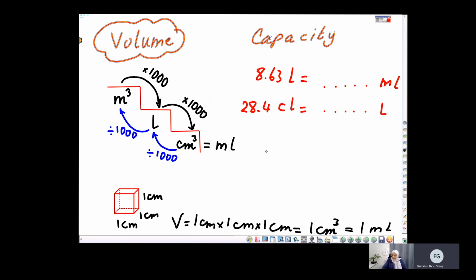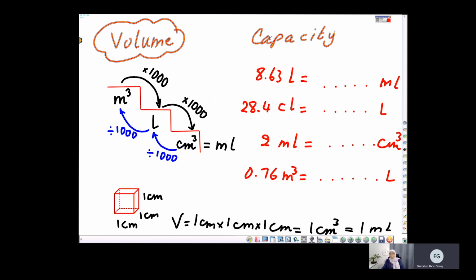Another example: let's change 2 milliliters into centimeter cube. Another one about meter cubed: 0.76 meter cubed. We want to change it into liters. Let's go. You can answer.